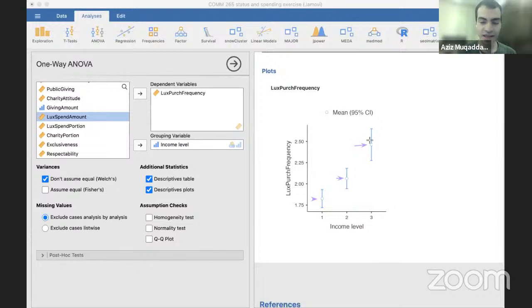And as you could see, the mean score of group 3 falls outside the confidence interval of group 2. And the mean score of group 2 falls outside the confidence interval of group 1. Okay, so that means we cannot claim all of these belong to one group with random variations.